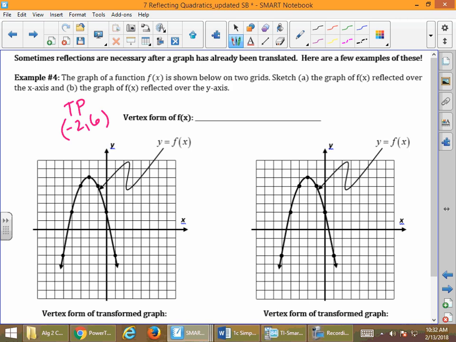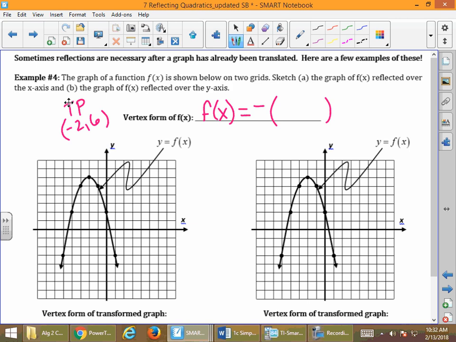The other thing to notice is that it's flipped over. So when we start this, it's going to be f of x, or if you prefer to write y, equals. Well, it's flipped over the x-axis, so we're going to put the negative out in front.